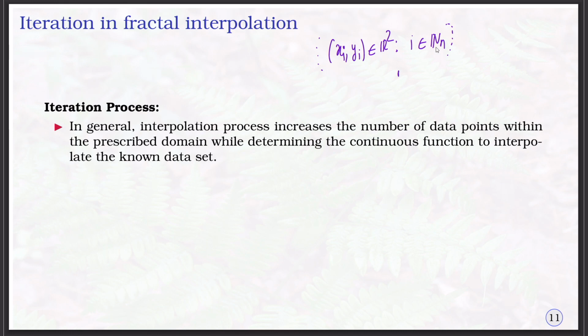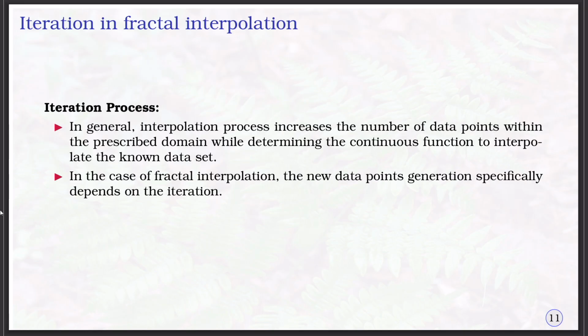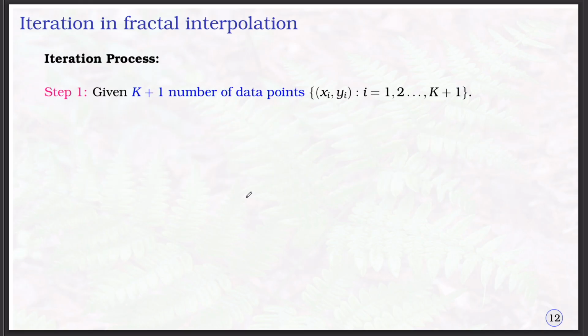In the interpolation process, we increase the number of data points within the prescribed domain while determining a continuous function to interpolate the known data. In the case of fractal interpolation, the new data point generation specifically depends on the iteration.